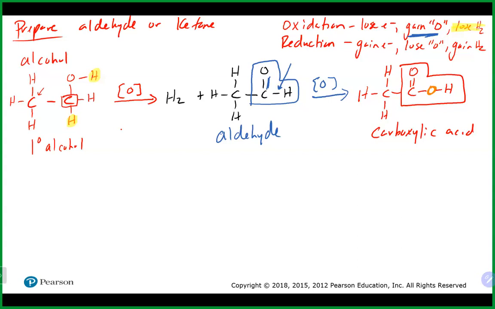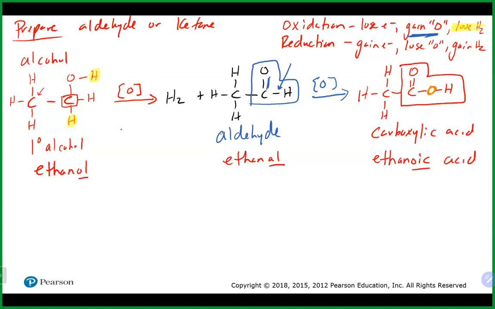Now, in terms of our names here, just so you know, this is ethanol because it's an alcohol. This is ethanal because it's an aldehyde. And this guy, as you might be able to guess, is still based off of ethane. This is what is known as ethanoic acid, which is how you name a carboxylic acid.